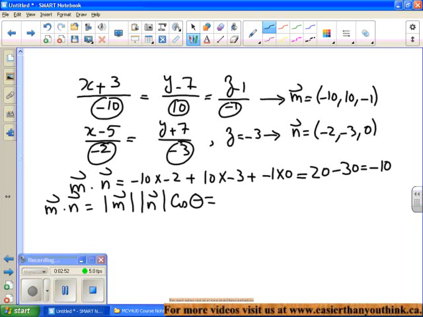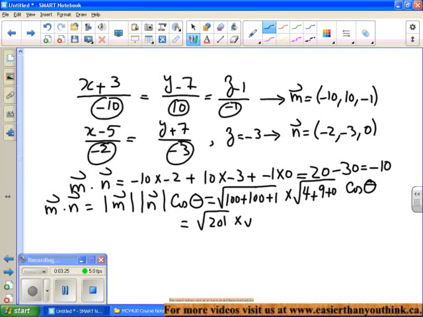Now, the magnitude of m is the square root of 10 squared, which is 100, plus 10 squared, which is 100, plus 1, times the magnitude of the second direction vector, which is negative 2 squared, which is 4, plus negative 3 squared, which is 9, plus 0 squared, which is 0, times the cos of the angle between them. Now, if I simplify this one, I get square root of 201 times square root of 13 times cos theta.